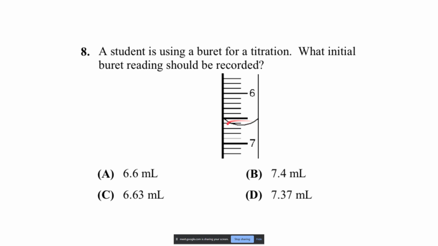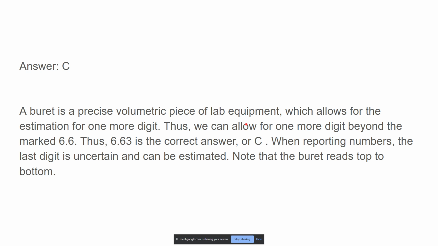It would appear the bottom of the curve is around 6.6, but because it gives you the lines for tenths, you have to have one more digit of estimation. So you have to estimate this as 6.63, because you have one extra digit of estimation.